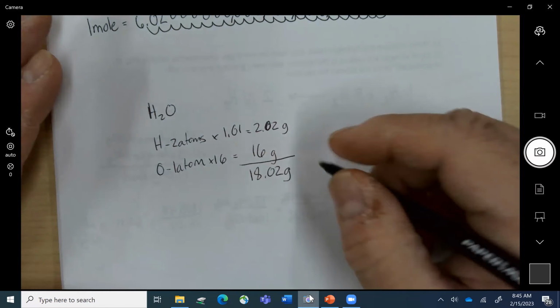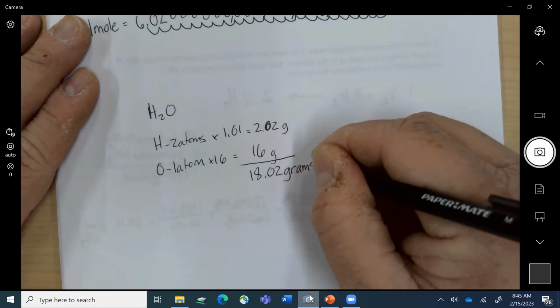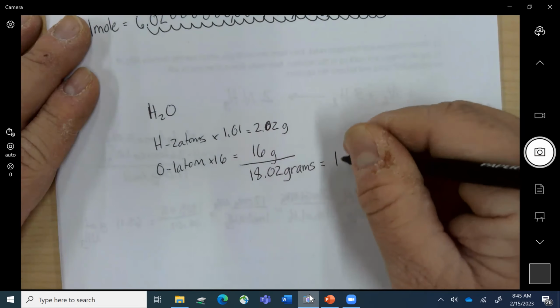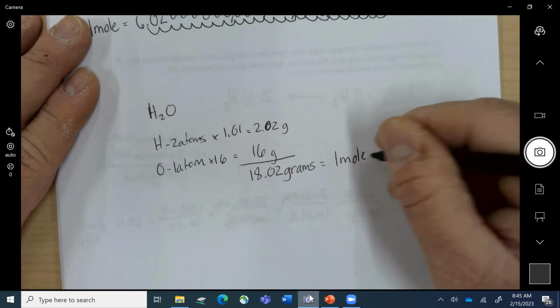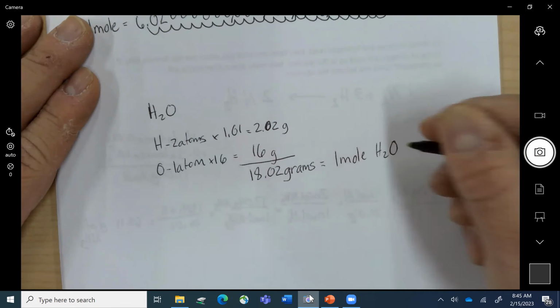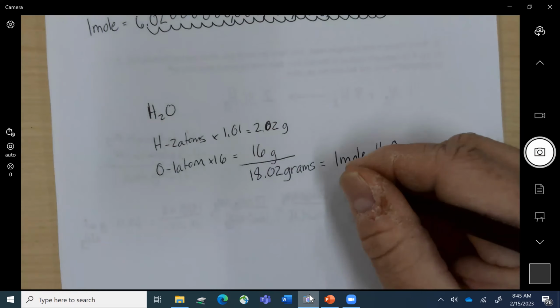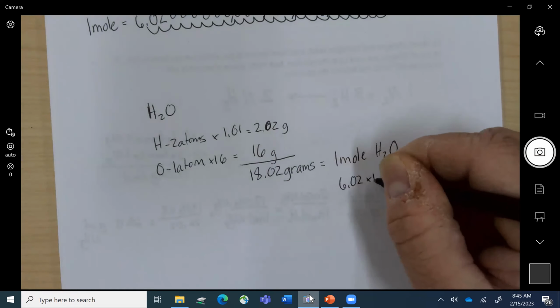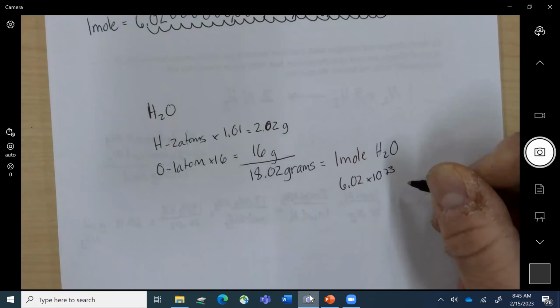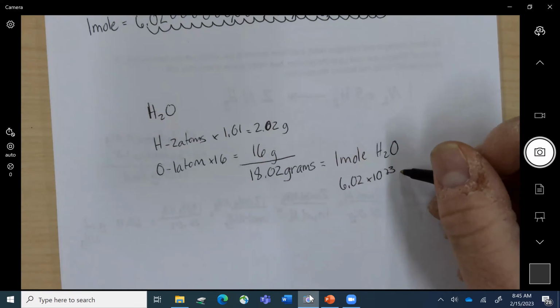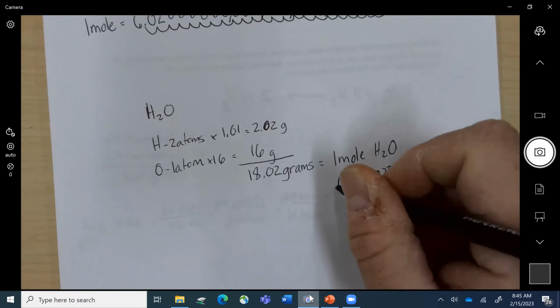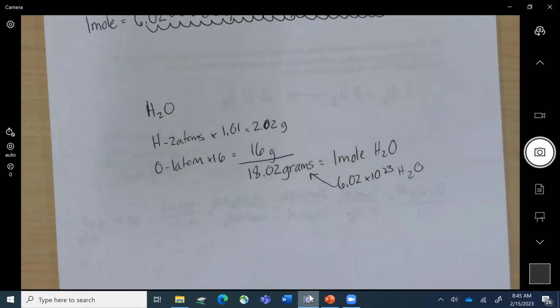The thing is that 18.02 grams actually equals 1 mole of H2O. So that big number, 6.02 times 10 to the 23rd, it takes this many H2Os to equal that many grams, 18.02 grams.